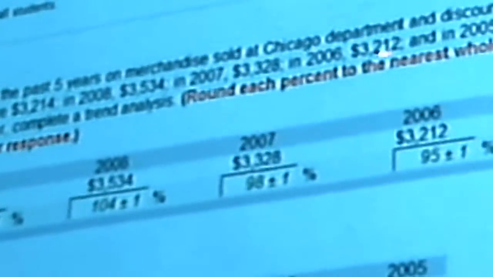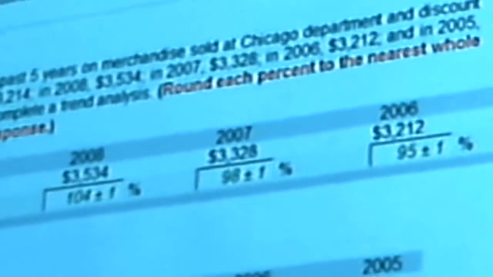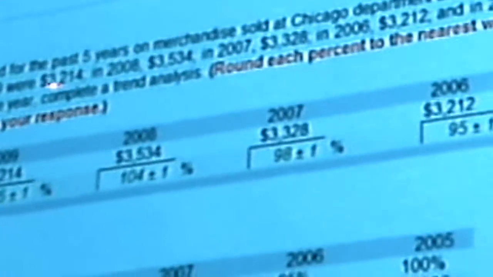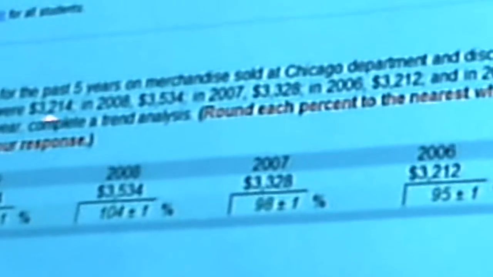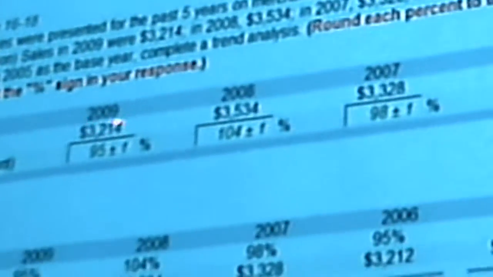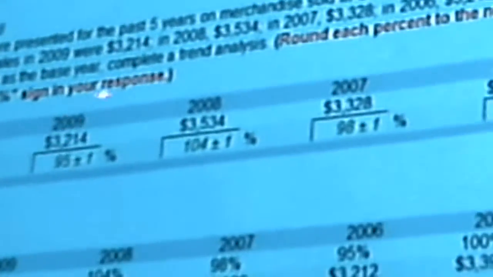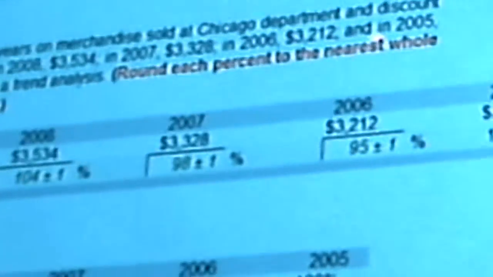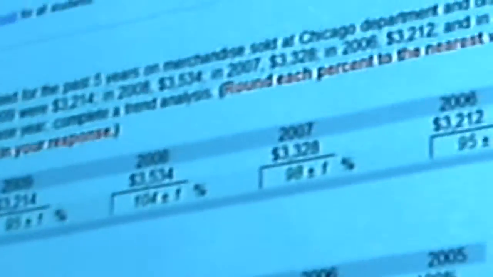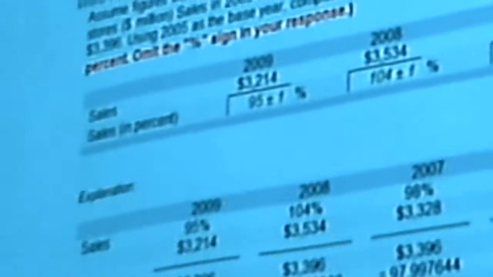So let's read through this. Assume figures were presented for the past 5 years on merchandise sold at Chicago department and discount stores. And they list the numbers here for us. Sales in 2009 were $3,214. Now, what I'm showing you here is, do you have to plug these in anywhere? No, they're right here for you. You just take the 2009 number divided by 2005.